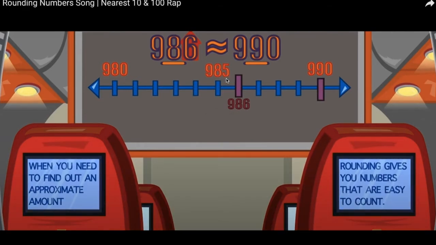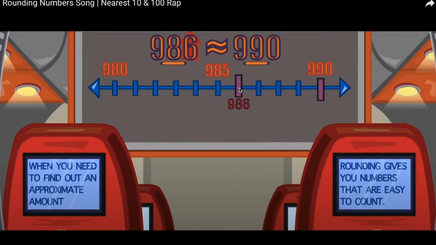To count. So, and again, you can see here, with rounding 986 to the nearest 10, you can see the number line over here. So you've got your tens, 980 and 990. 986, you can see that it's past our 5 point, it's 5 or more, so it's actually closer to this 990 than it is to the 980. So that's why we say that we round up, because it's closer to 990 compared to 980.